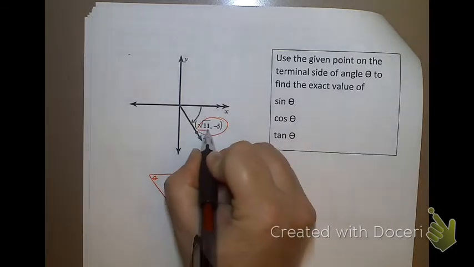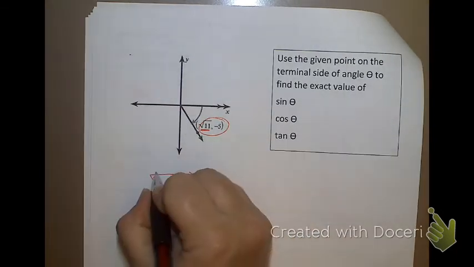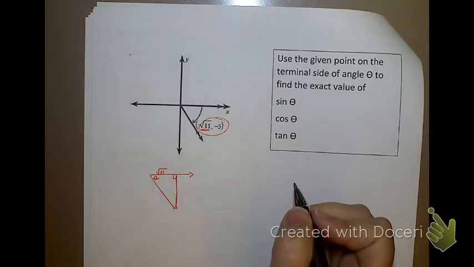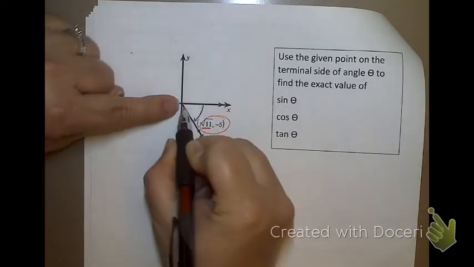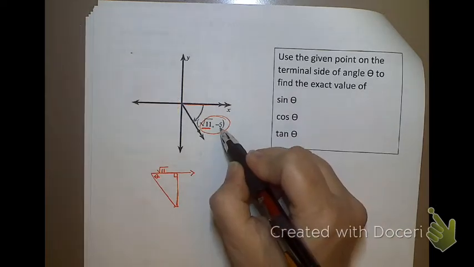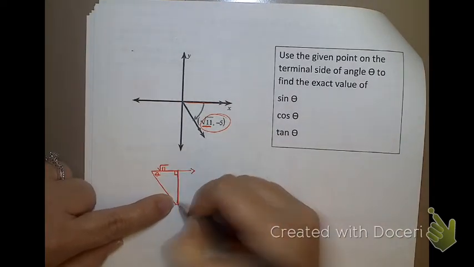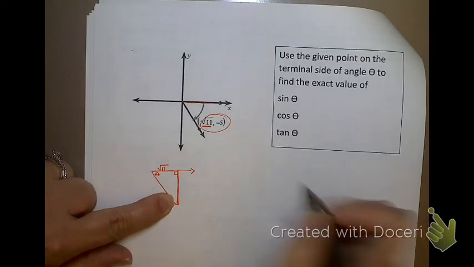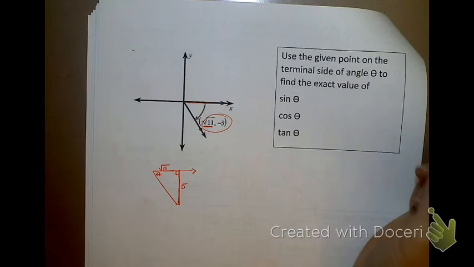And if they're telling me the x value is radical 11, they're telling me this side of the triangle is radical 11. Right? Because that's the part that's directly on the x-axis. They're telling me the y value is negative 5. Now, I have a little bit of an issue because if I'm labeling the side of a triangle, I have to call it 5, not negative 5, because I can't have a negative length.